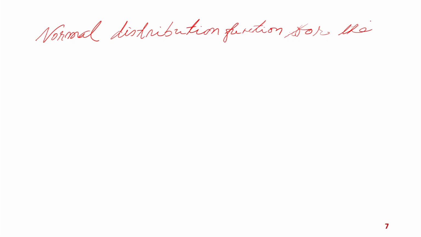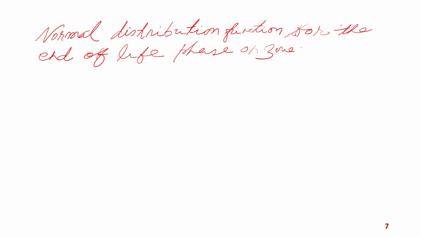The normal probability distribution function, which we will use to represent the end of life phase or zone of the bathtub curve.